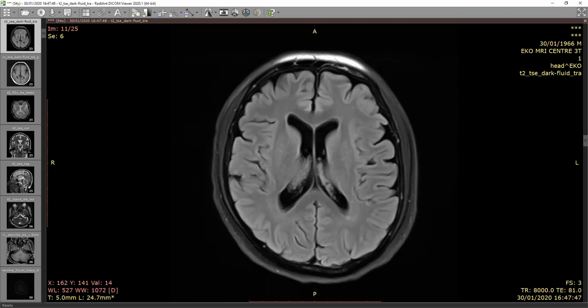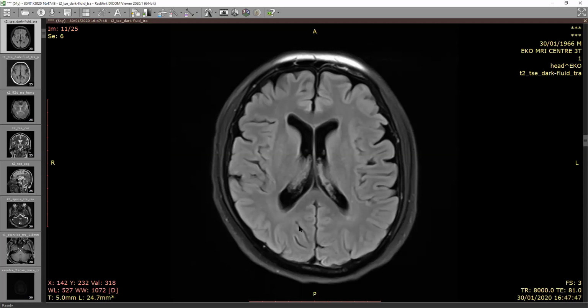The fluid, which was brighter on a routine T2 weighted image, has now been attenuated to a darker image, thereby making this a flare kind of image, wherein the gray matter appears whiter, the white matter appears grayer, but the CSF becomes dark in intensity.